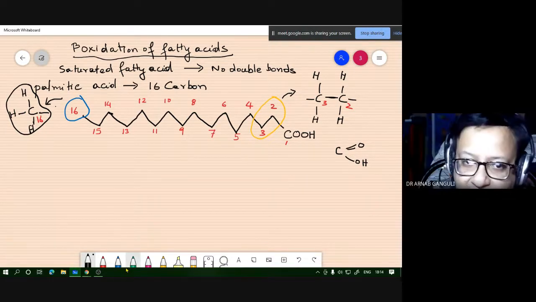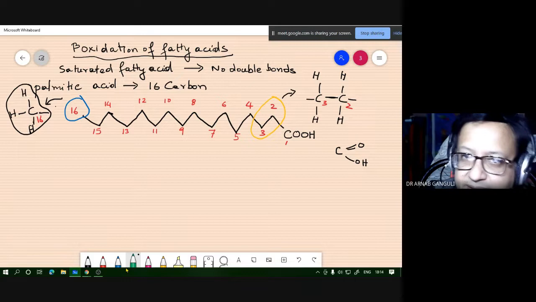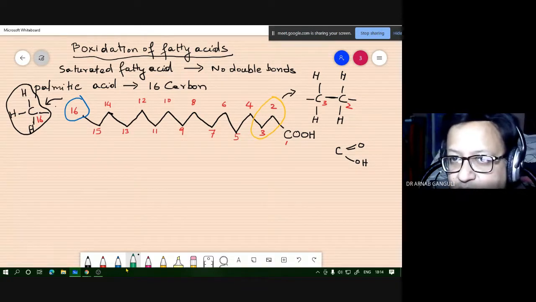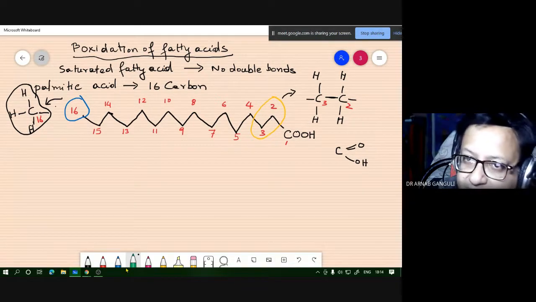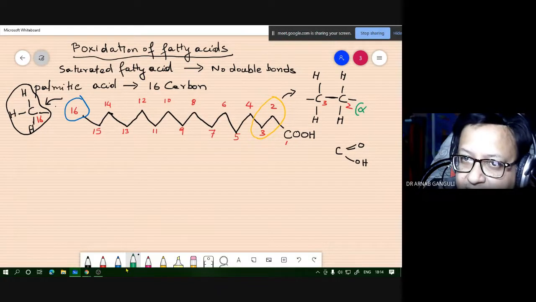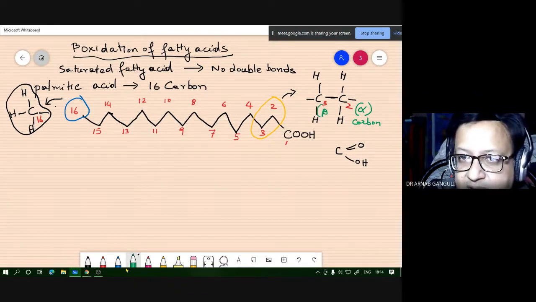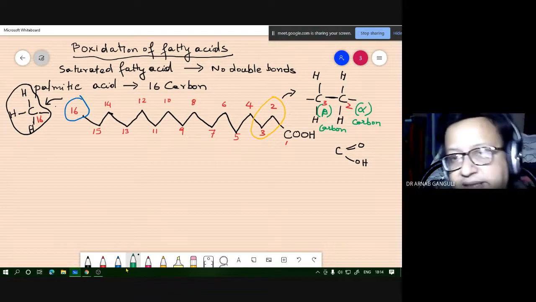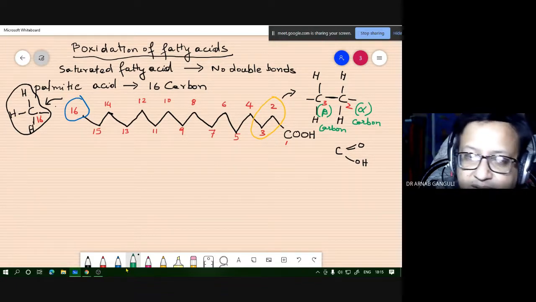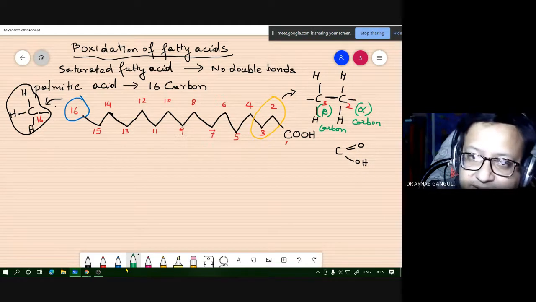Okay. Now, another thing is this carbon number 2. In former times, it was also called the alpha carbon. And carbon number 3 was also called the beta carbon. And in the process of the beta oxidation, it is oxidation of fatty acid.